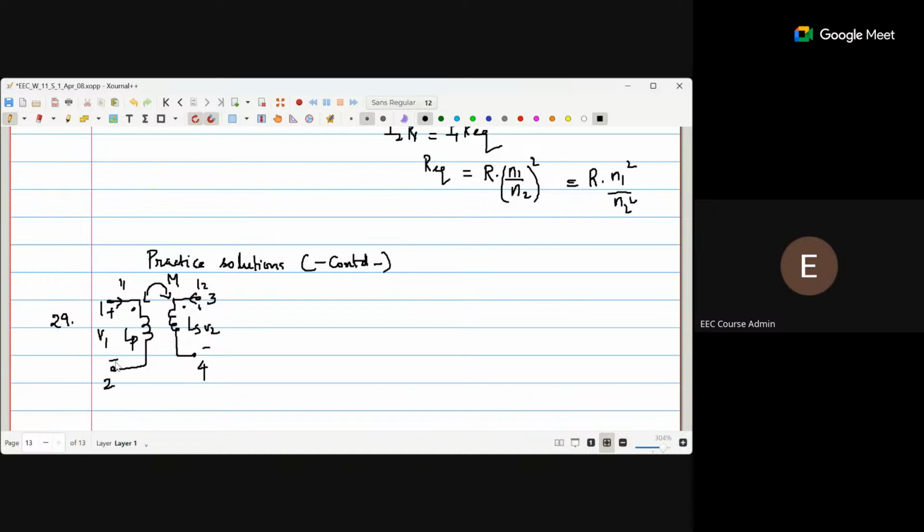The value of equivalent inductance between terminals 1 and 2 is 4 Henry with terminals 3 and 4 open circuited, and it is 3 Henry with terminals 3 and 4 short circuited. The coefficient of coupling is, if Ls equal to 2 Henry.